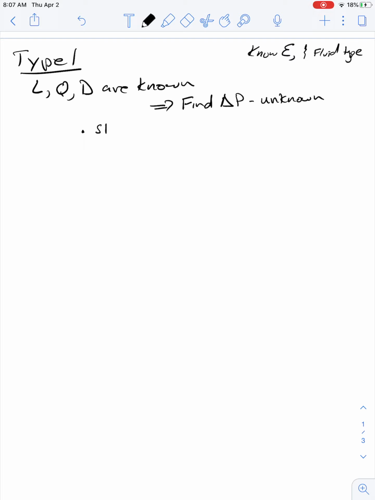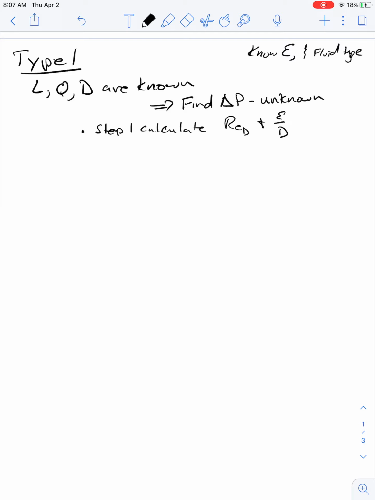So in such a case, step 1, we go ahead and calculate the Reynolds number, and epsilon over D, our relative roughness.